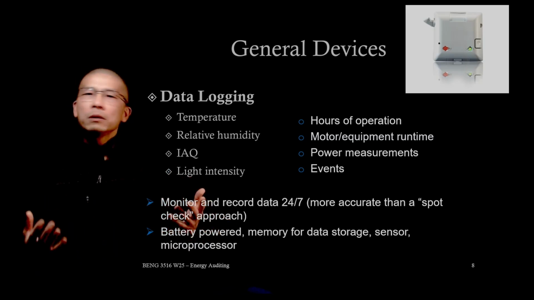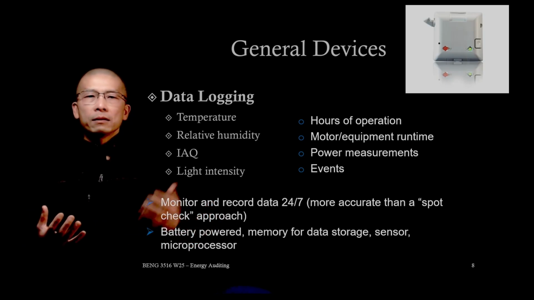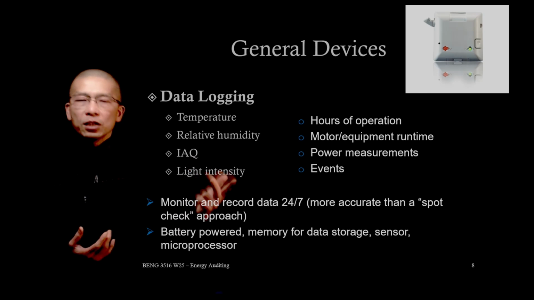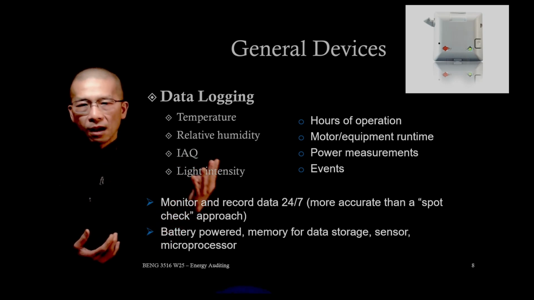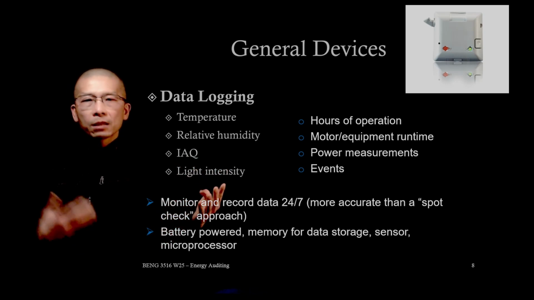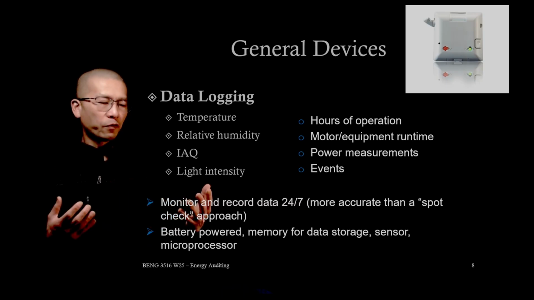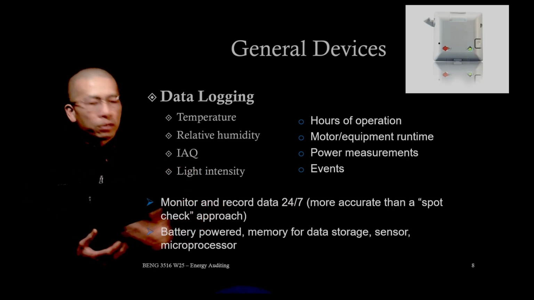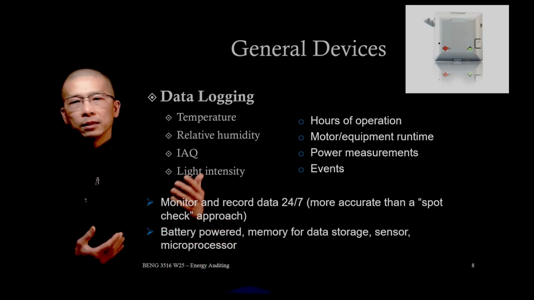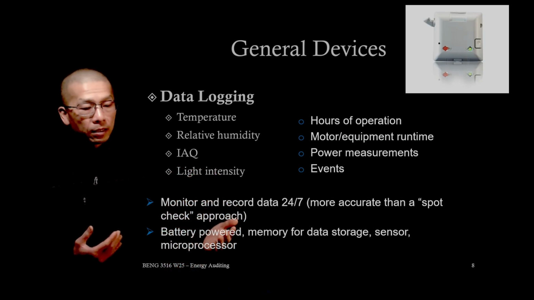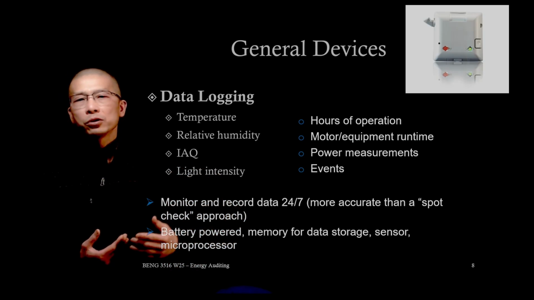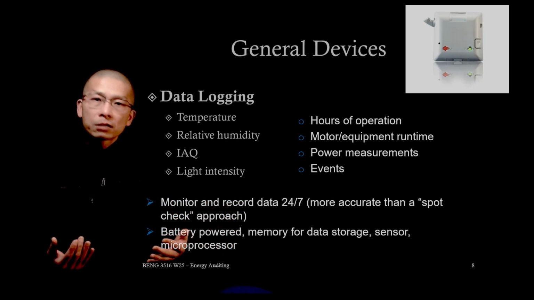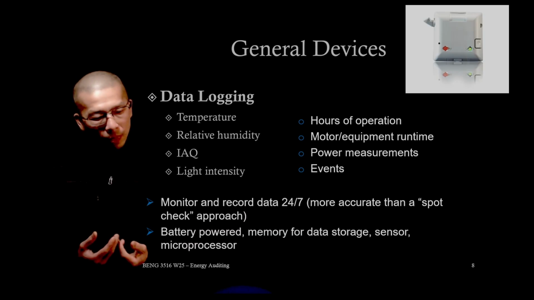Common variables we track: temperature, relative humidity, indoor air quality, light intensity, and for operations we track hours of operation, motor and equipment runtime, how long they operate, power consumption, and different kinds of events, on-off cycles.